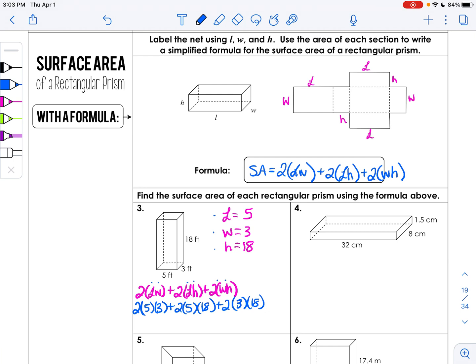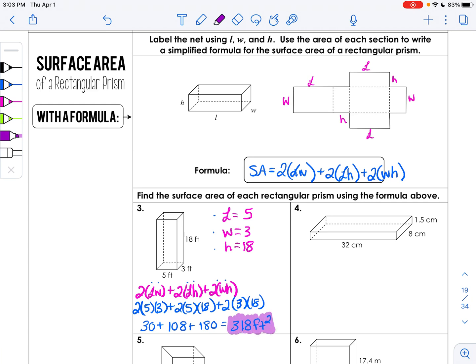So 2 times 5 times 3, that is 30, plus 2 times 5 times 18, that's 108, plus 2 times 3 times 18 is 180. And when we add those together, we get 318. And our units are feet squared.